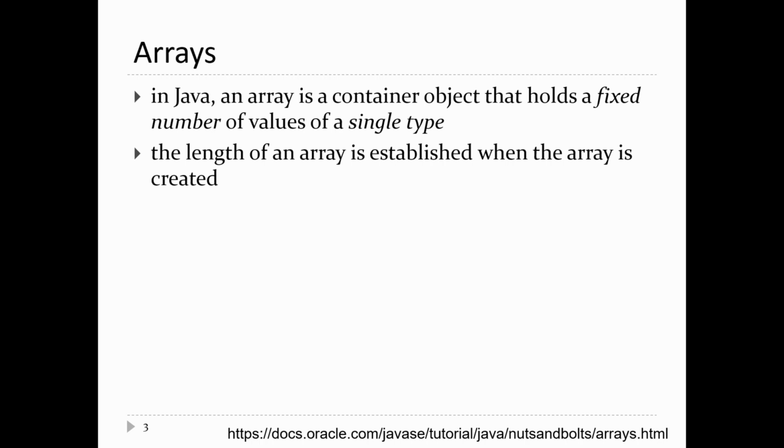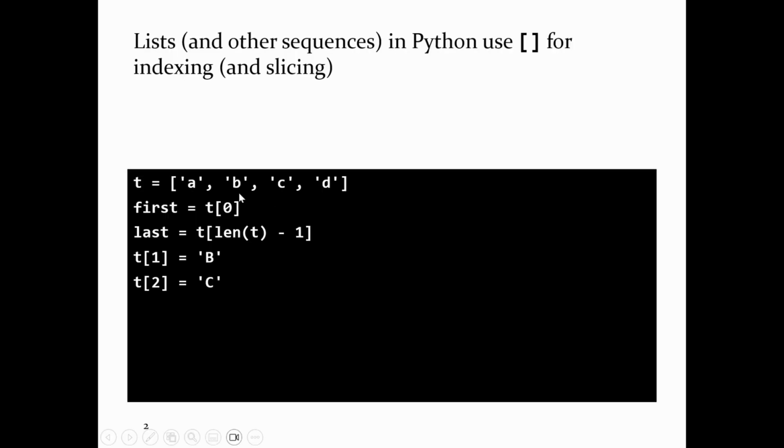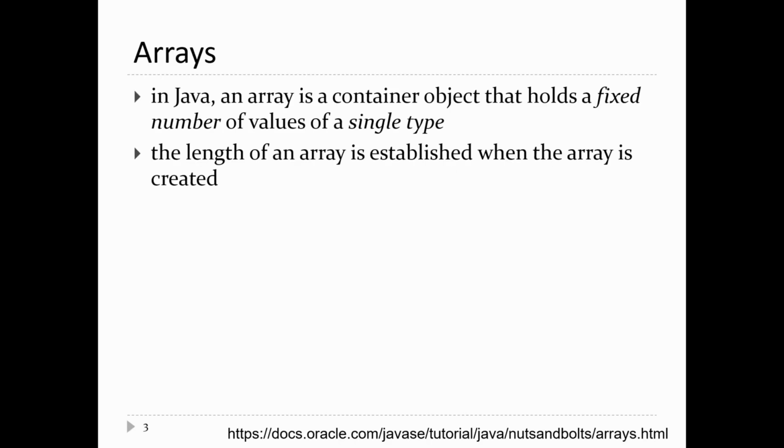In an array, you have a fixed number of values of a single type. That's the other big difference. Here I've got a list of 4 strings, but there's nothing stopping me from adding an integer at the end, or writing T[0] equals 2, for example. A Python list can store elements of any type. A Java array can store elements of exactly one type; they all have to be the same type.